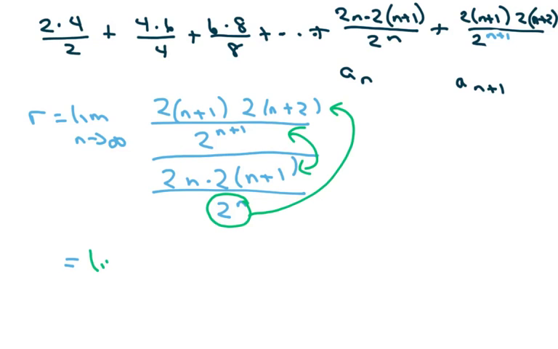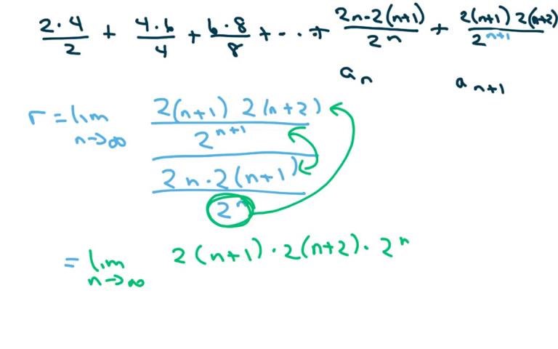So we have the limit as n approaches infinity of 2 to the n plus 1 times 2 to the n plus 2 times 2 to the nth, which is what I did here, over 2n times 2 times n plus 1 times 2 to the nth times 2.